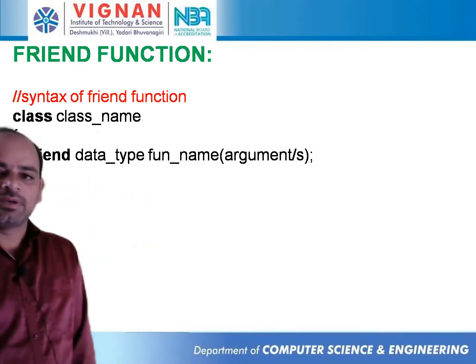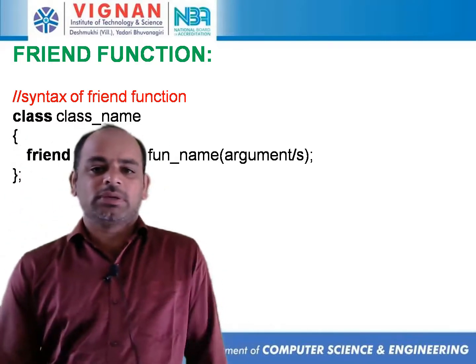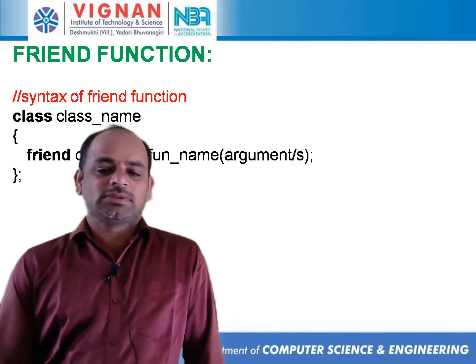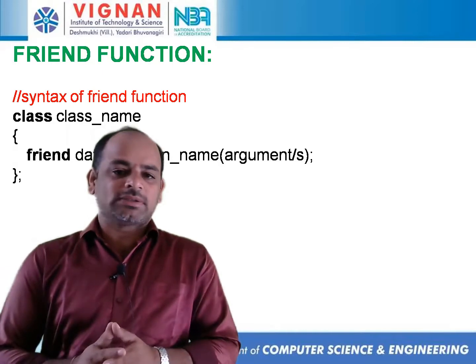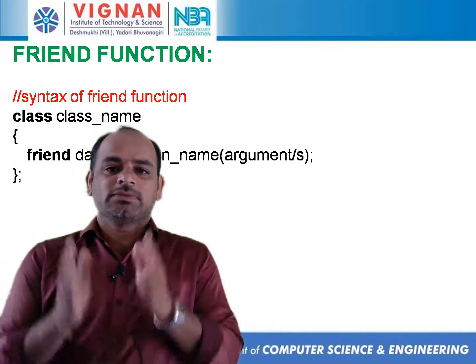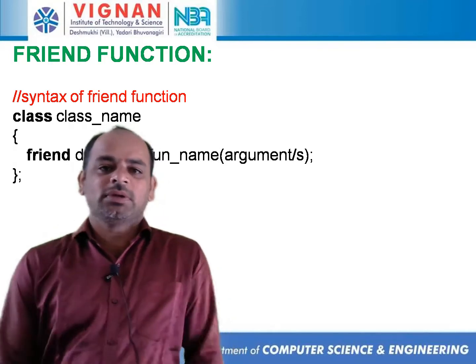Friend is a keyword here, followed by the data type, that is the return type of the function, the name of the function, and the number of arguments. Then this function becomes a friend to that particular class, which means it can access all private members of that class.